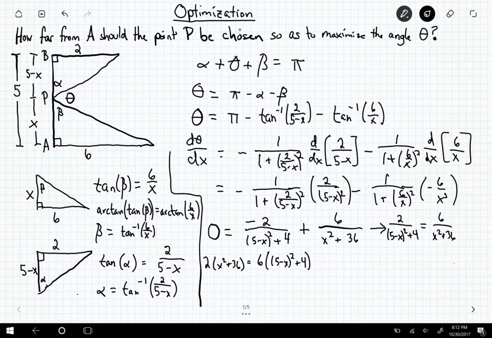Alright? So, moving forward from here, where do we go? Well, let's take a look.